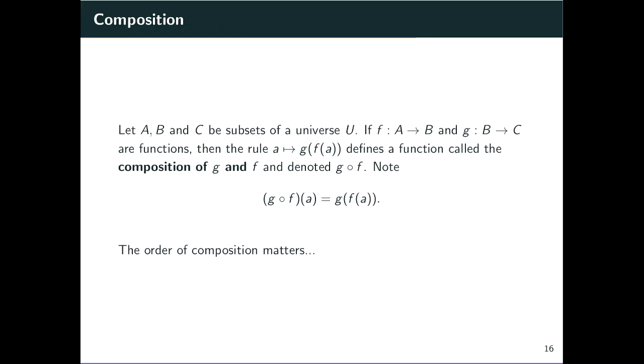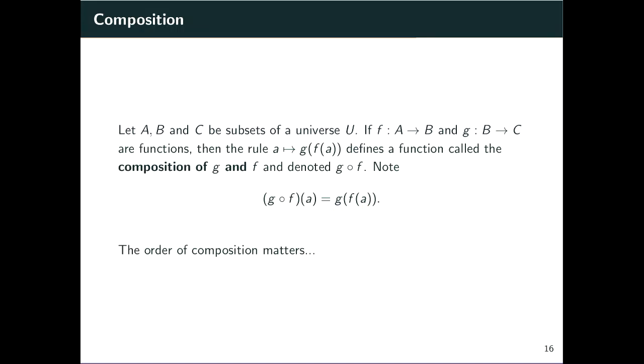We denote this by g circle f. So g circle f of an element in A is equal to the function f applied to A, and then the function g applied to f of A.